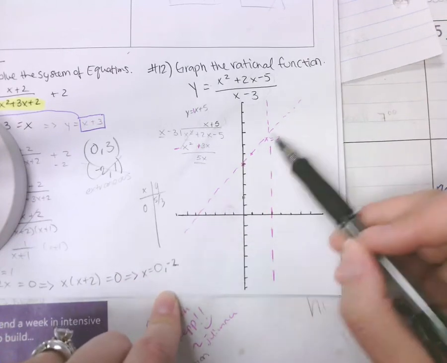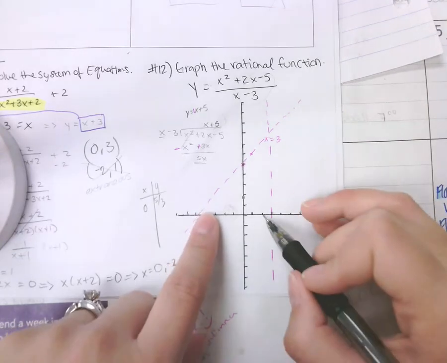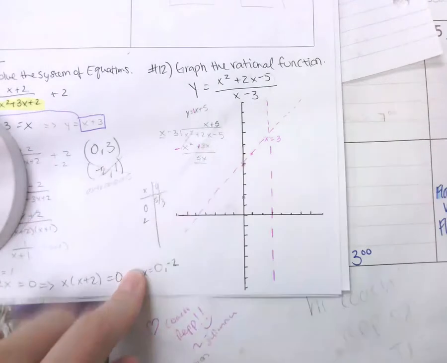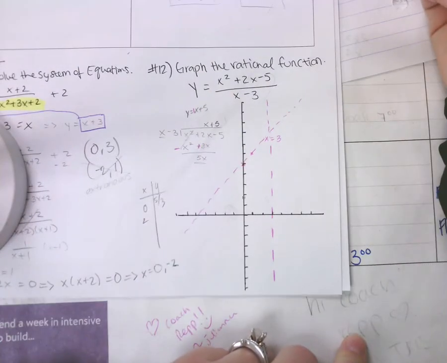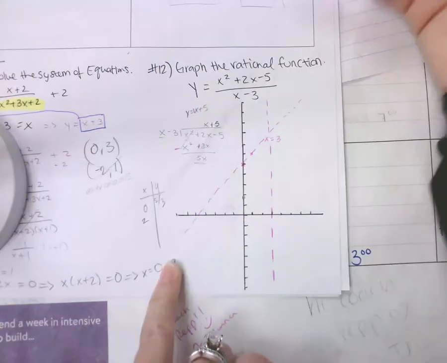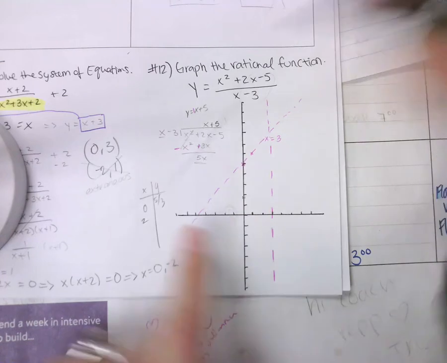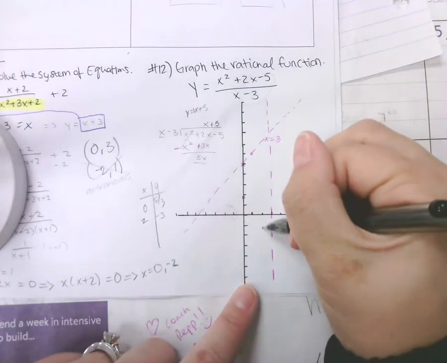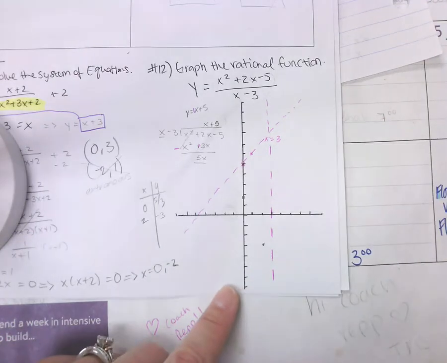So I could plug in 2. Plug in 2 up here, and I get 3 over negative 1. So that's negative 3. That's a good one. So that's right here.